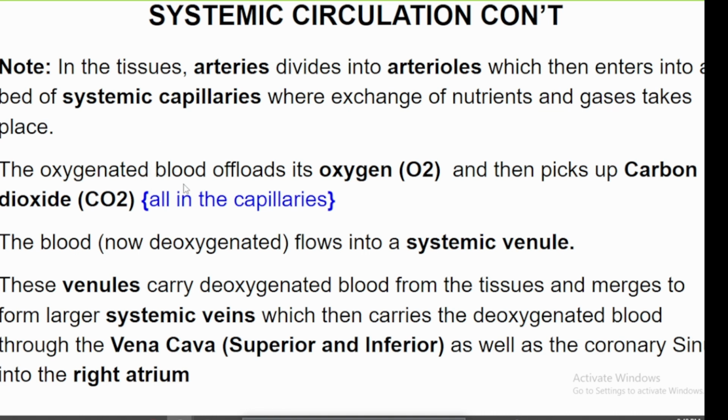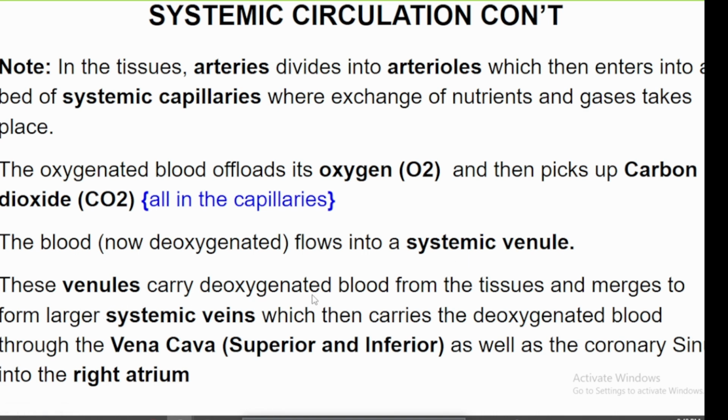So the oxygenated blood offloads its oxygen and then picks up carbon dioxide, and all this is happening in the capillaries. All right, now the blood, which is now deoxygenated, flows into a systemic venule. Don't forget, venules are the smaller form of veins.